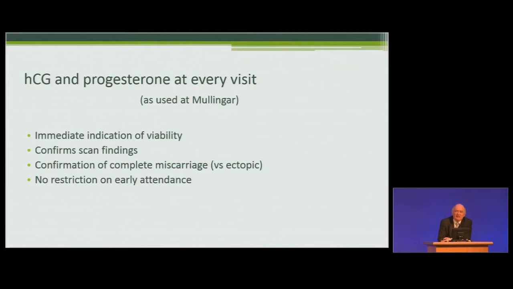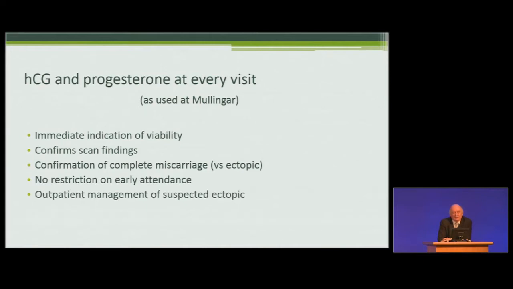If the patient presents at 5.5 weeks or 6 weeks with bleeding, then she wants to be seen. So is it a good thing that we say, okay, we can't see you till 7.5 weeks or whatever? I don't know. Certainly, I think there's room to consider bloods in these kinds of patients.